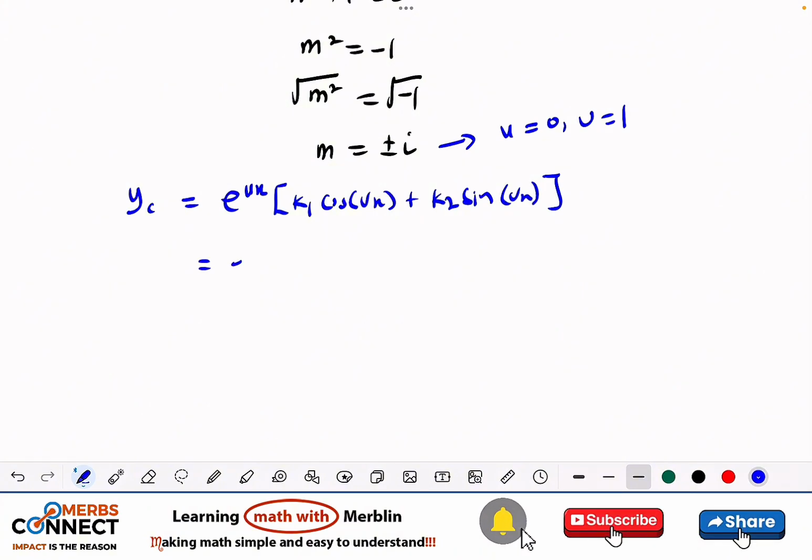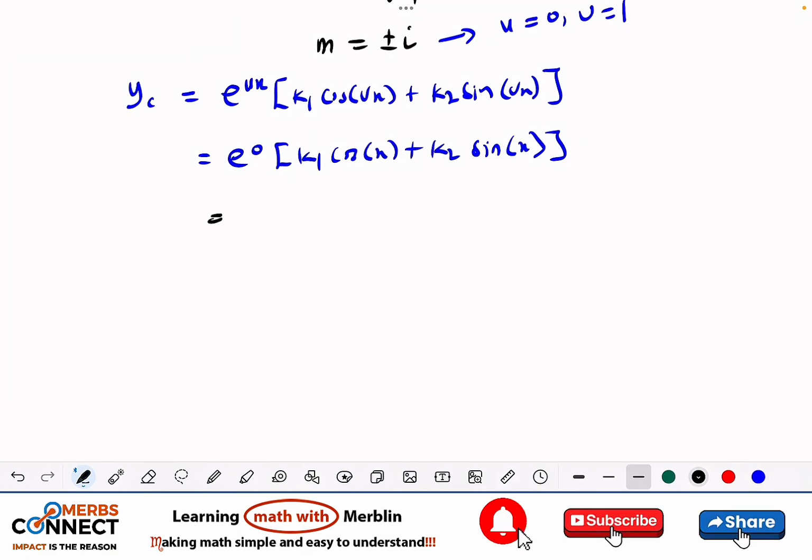So this is going to be e to the power 0 times k1 cos x plus k2 sin x, right? Good. Then when I simplify this, I get k1 cos x plus k2 sin x. Good. So this is my complementary solution.